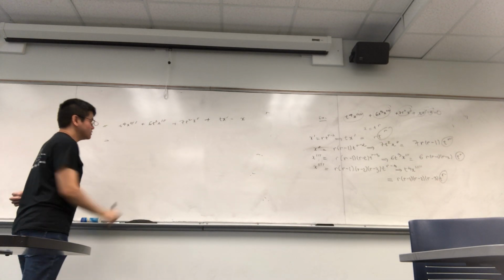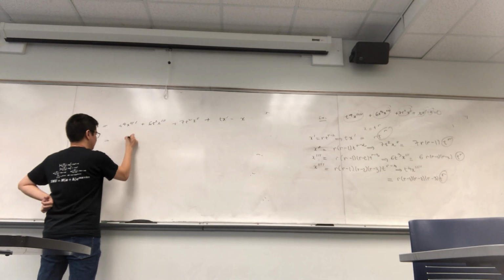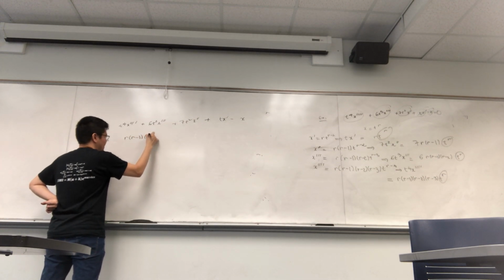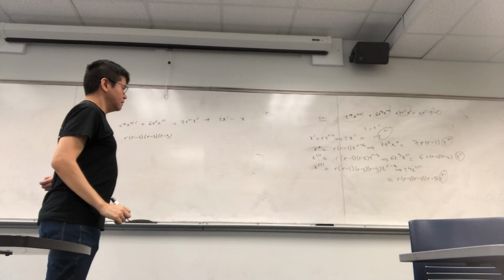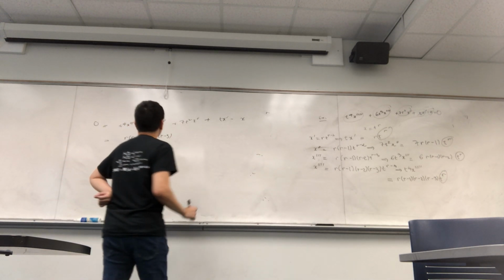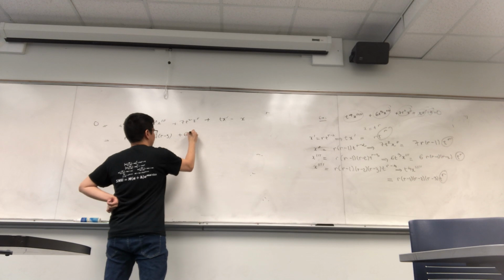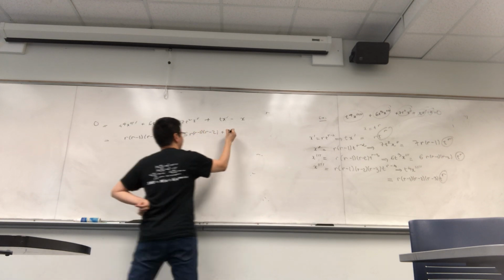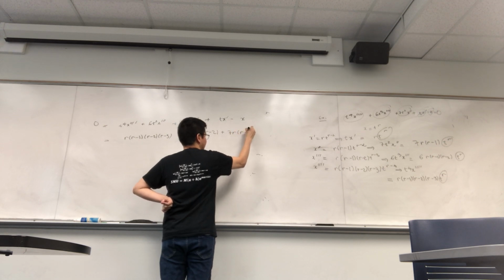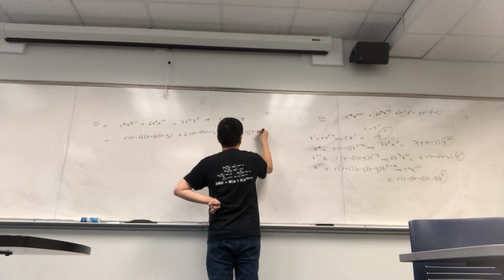And you have r(r minus 1)(r minus 2)(r minus 3) plus 6r(r minus 1)(r minus 2) plus 7r(r minus 1) plus r minus 1.